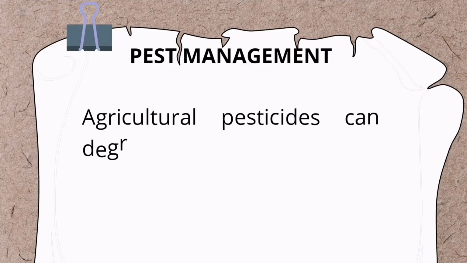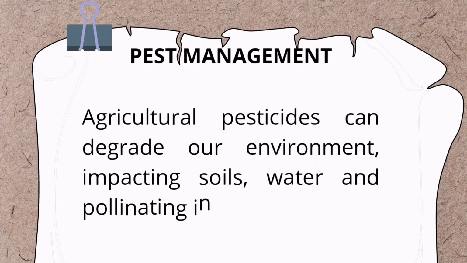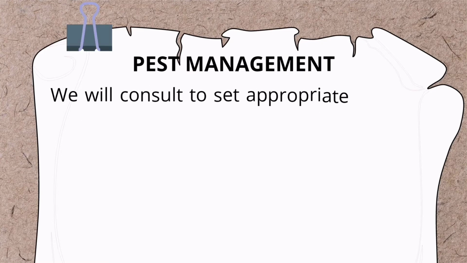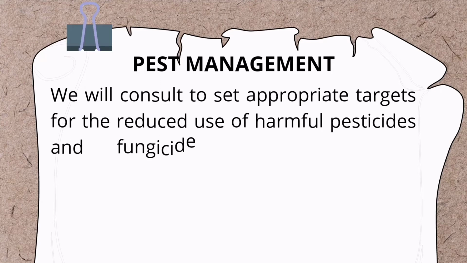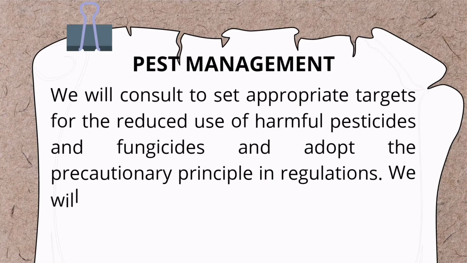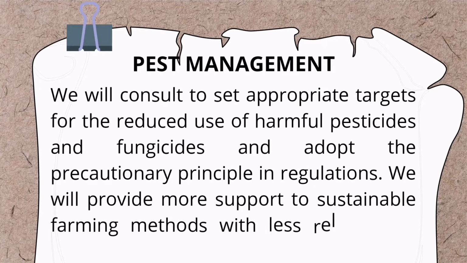Pest management. Agricultural pesticides can degrade our environment, impacting soils, water, and pollinating insects. We will consult to set appropriate targets for the reduced use of harmful pesticides and fungicides and adopt the precautionary principle in regulations. We will provide more support to sustainable farming methods with a less reliance on chemicals.